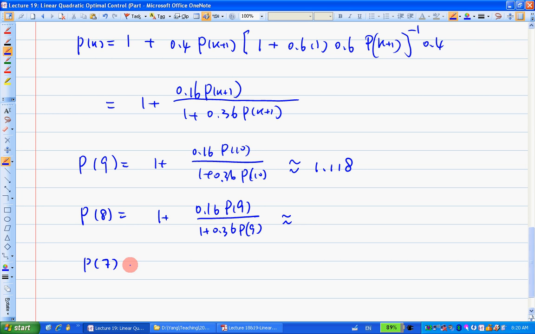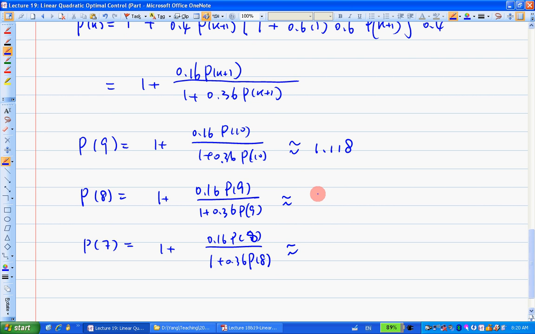It should converge after probably 2 steps. 1.128?